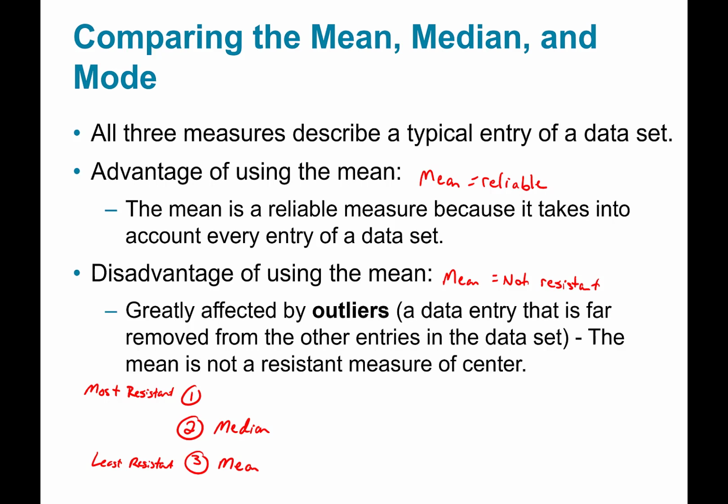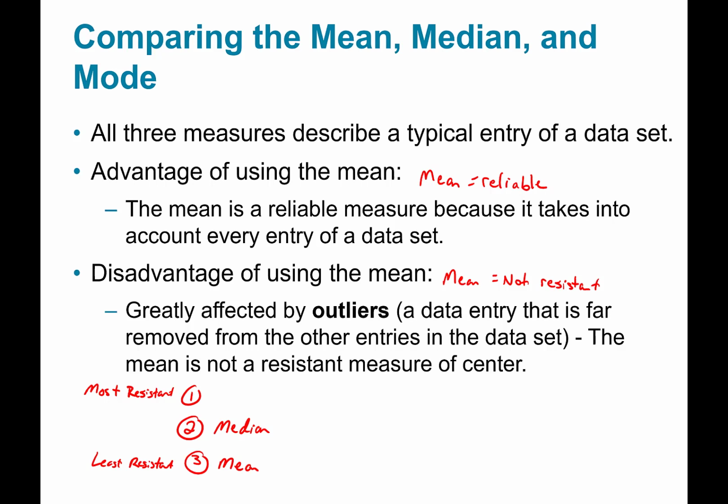So if you have a couple outliers down at one end, your median is going to shift down a little bit, or shift up a little bit if you have a couple really big outliers, but it's not really going to pull too much in either direction. But if you have more than a couple, it can still pull it in one direction. So it's a little more resistant.